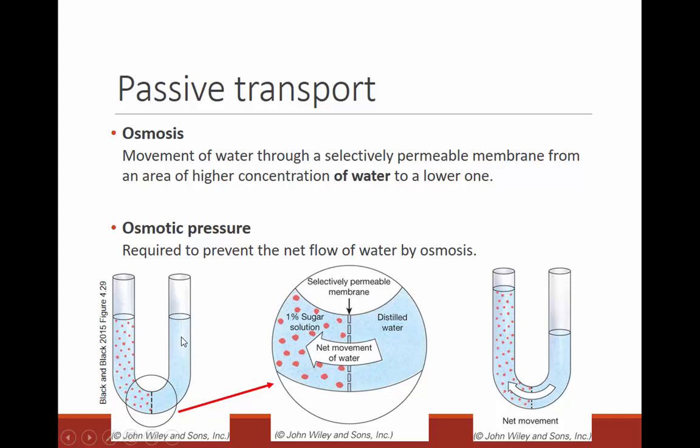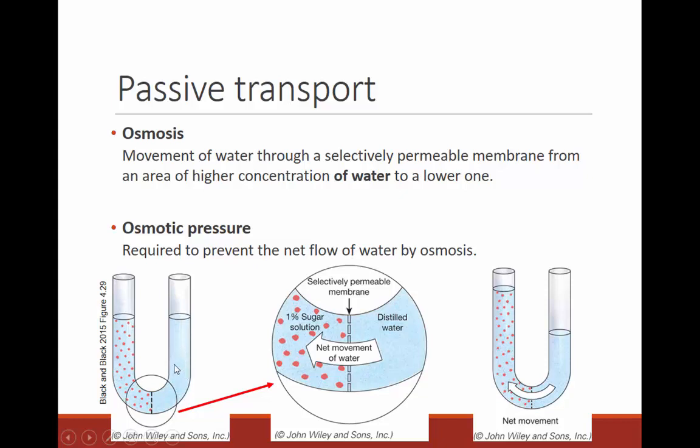So what's going to happen? Can the sugar go into this distilled water? No, because the semi-permeable membrane won't allow large molecules to move through it. But what it will allow is water to move through. So where is the water going to move?